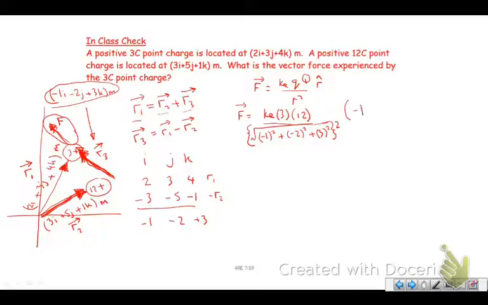So minus 1i minus 2j plus 3k is in the right direction, but it's too big. It's not a unit vector. How can I make this into a unit vector? By the magnitude. So I divide it by minus 1 squared plus minus 2 squared plus 3 squared.